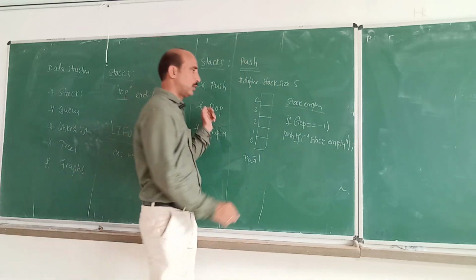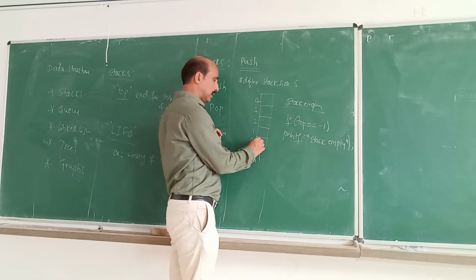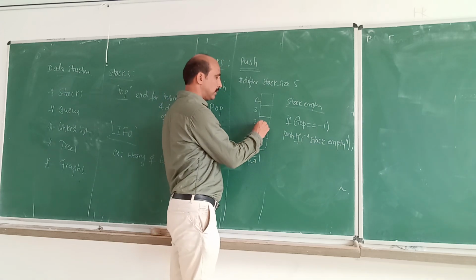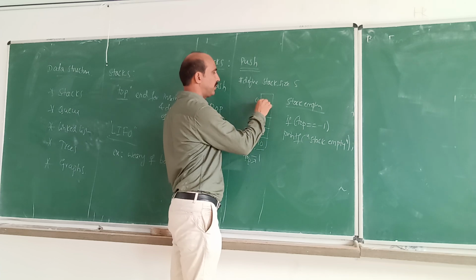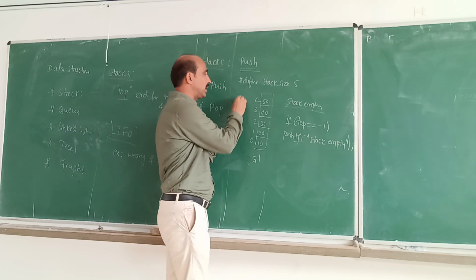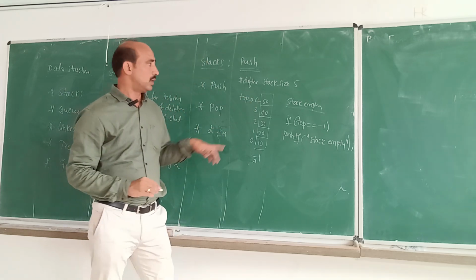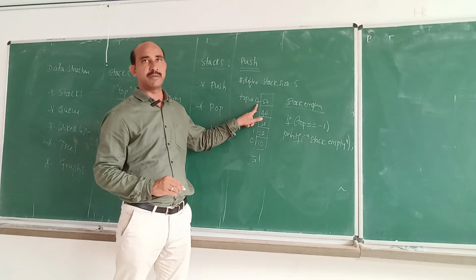If the stack is full, again we need to check for this. Assume that I want to add elements into the stack: 10, 20, 30, 40 and 50. Each time, top is incremented and it points to the last value. That is, top is pointing to the fourth location. How are we going to check whether the stack is full?